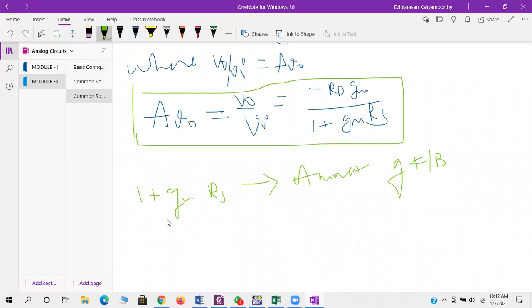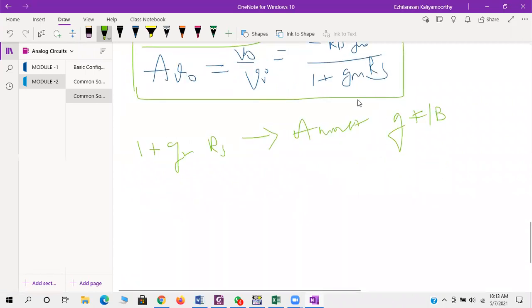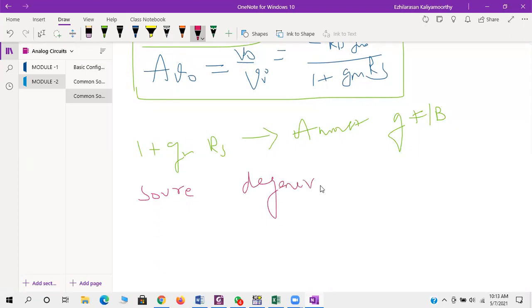Because of this negative feedback action of source resistance, this is known as source degeneration. Sometimes they may ask in an exam: source degeneration resistance.